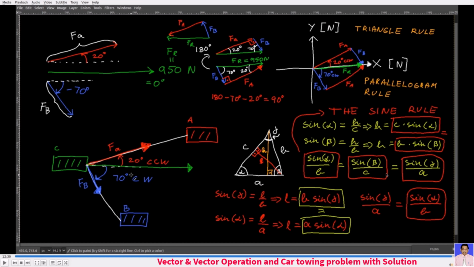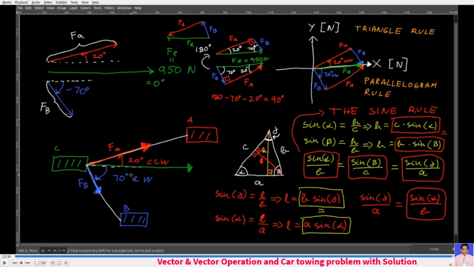So now that we have this important relationship called the sine rule, let's use it to compute our FA and FB vector magnitudes. You can see that in the sine rule, if I have alpha here, then the side that is opposite to this angle alpha, which is B, will be in the denominator here.